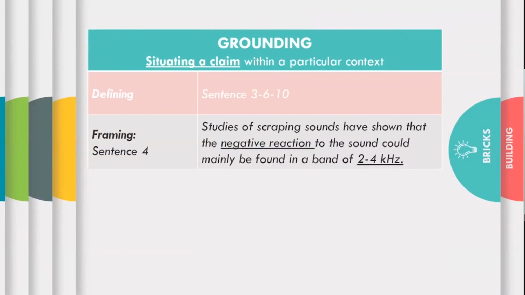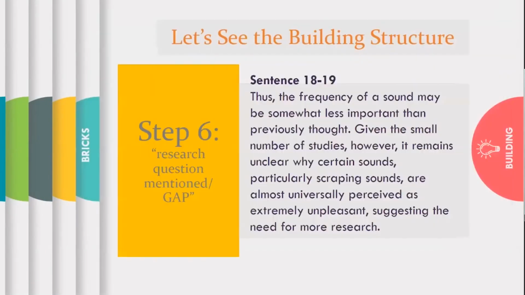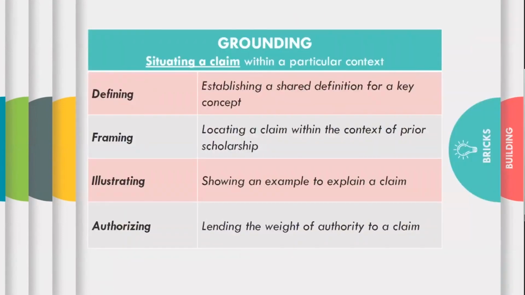So when we talk about grounding, we have defining, framing, illustrating, and authorizing. And while doing framing, locating a claim within the context of prior scholarship, that means we are borrowing prior scholarship, what was done before, right?